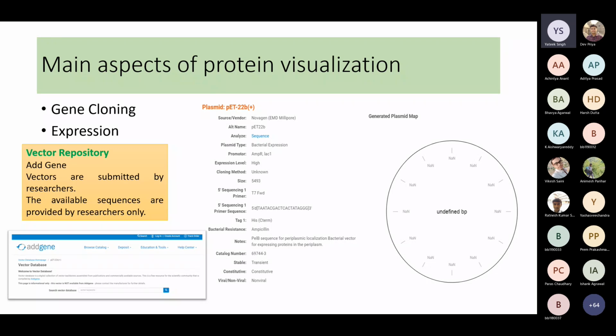The sources of plasmids can be different, and each plasmid has different parts, as you will learn theoretically. We will tell you here how to clone a gene inside a plasmid, because at the end of the day, it is the plasmid which will express your gene. Any questions till now?